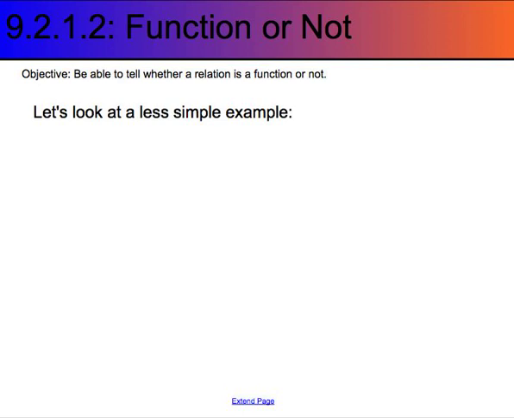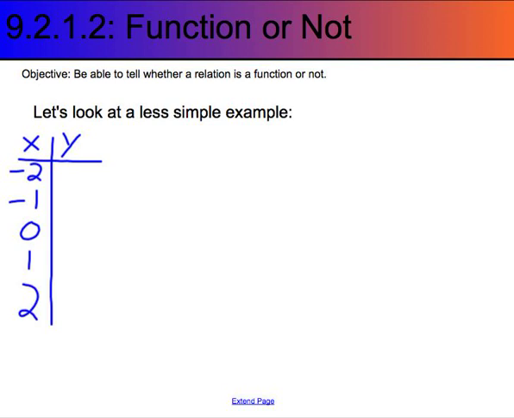Let's try a more complicated example here. All right, let's make another XY table. All right, for this relation, it looks like no matter what, the output is 3.